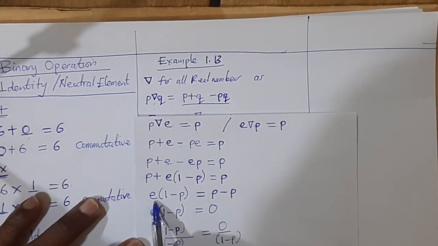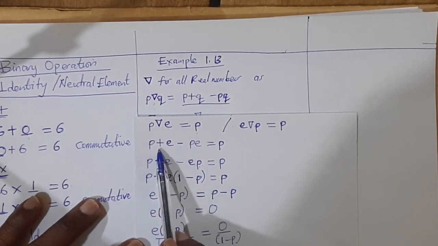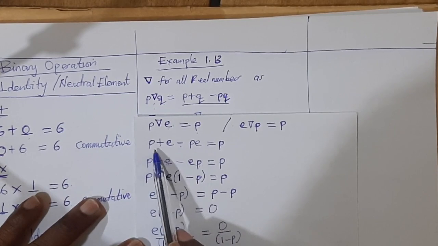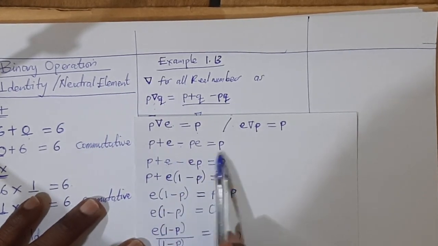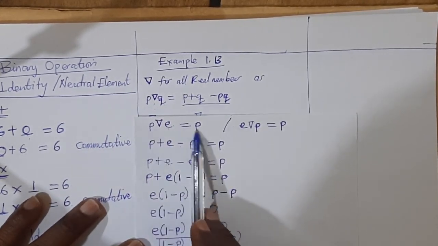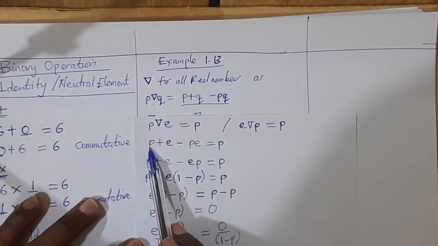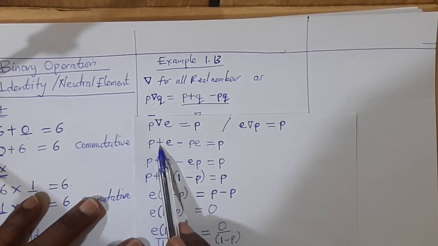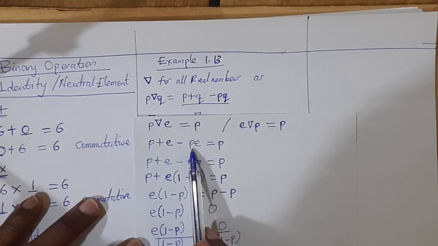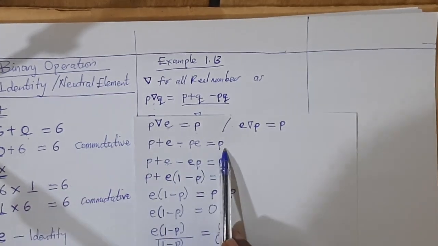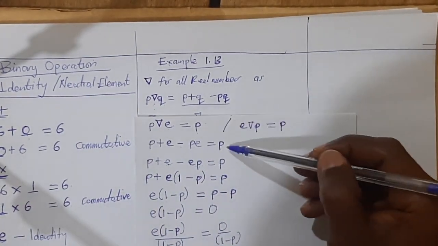So we have the definition, and we got this: P plus E minus PE equals P. This P is coming from here.